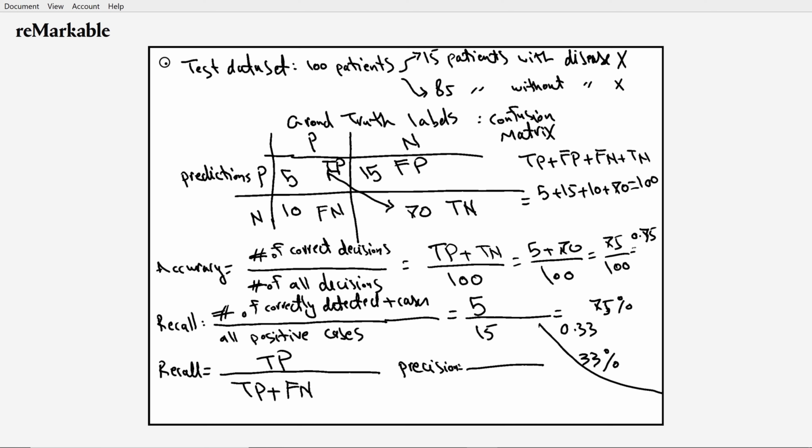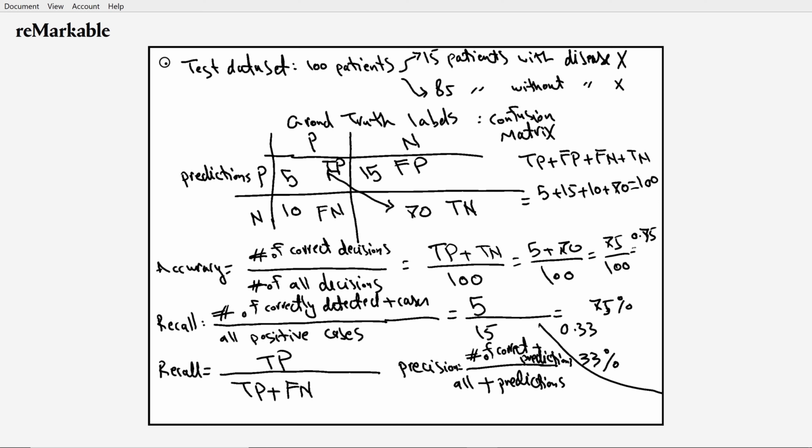And so if we wanted to write this down in words, precision would be, in the denominator, all positive predictions. So these are all positive predictions by your model, but we don't know if these positive predictions are good predictions or bad predictions. It's just positive predictions. And so in the numerator, we're going to say number of correct positive predictions.